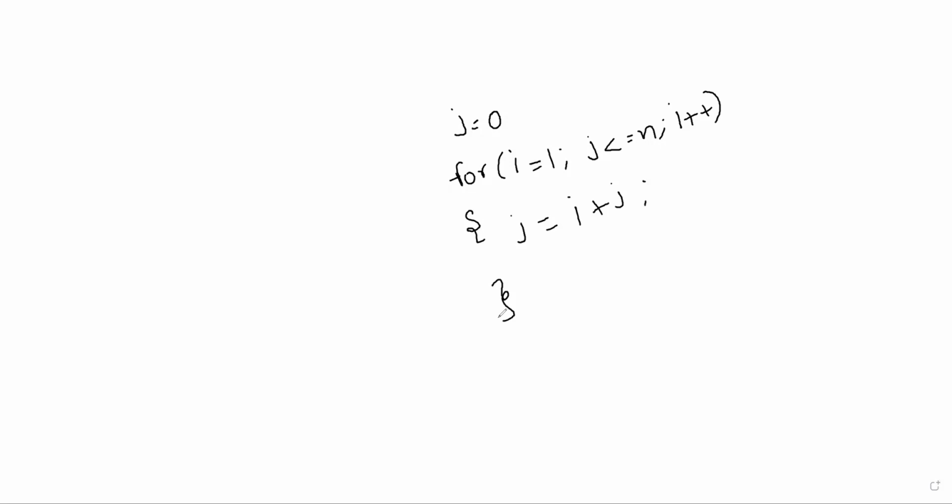So how many values do you see? On how many values is this for loop dependent? They're dependent on just i.